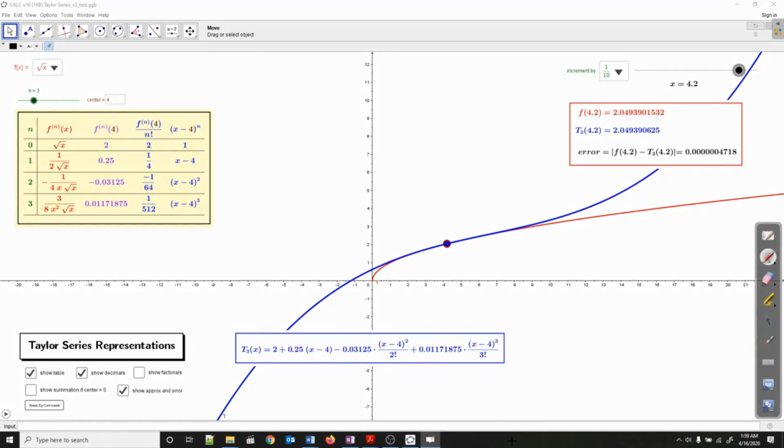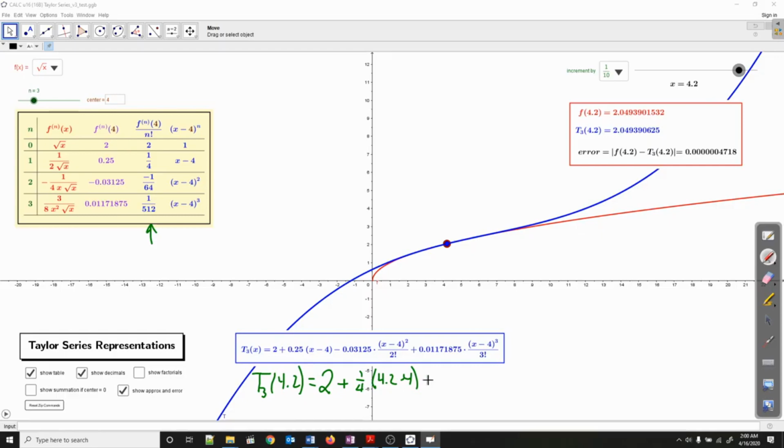Thanks to the magic of editing, I've popped up my stylus, and I'm going to plug my value of 4.2 for x into my third degree Taylor series polynomial. I know that the square root of 4 is 2, and I know that 0.25, which is coming from this column right here, is also 1/4. Then I'll subtract 4.2 by 4, and there's my linear approximation.